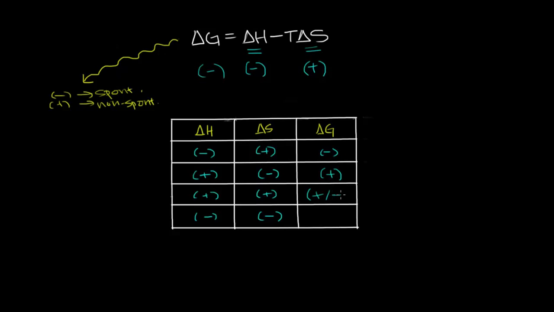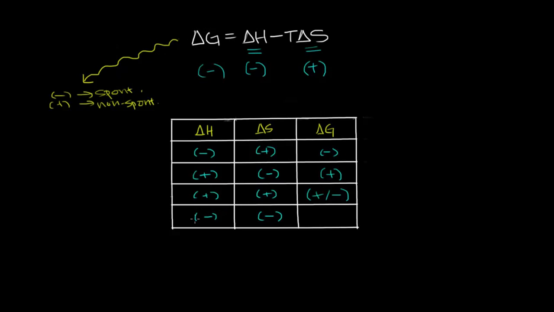Delta G can either be positive or negative. And the value of temperature plays a pretty big role in tipping the scale in one direction or another, because if it's really high, for example, our second term might be more positive and therefore the overall value might be more negative. But if it's not very high, and delta H is really, really large, well, perhaps then delta G would be positive.